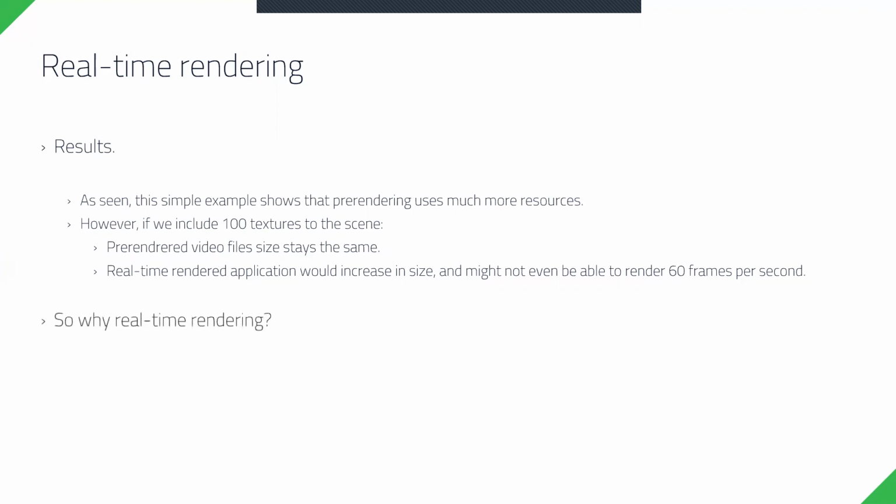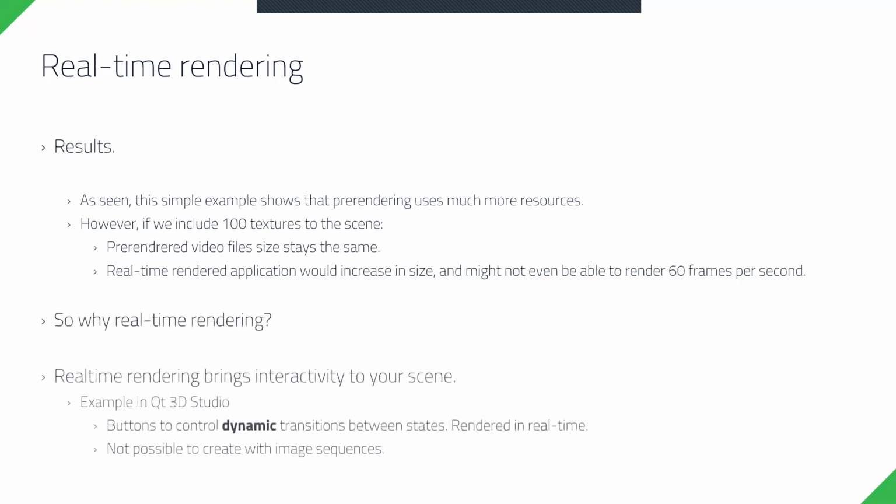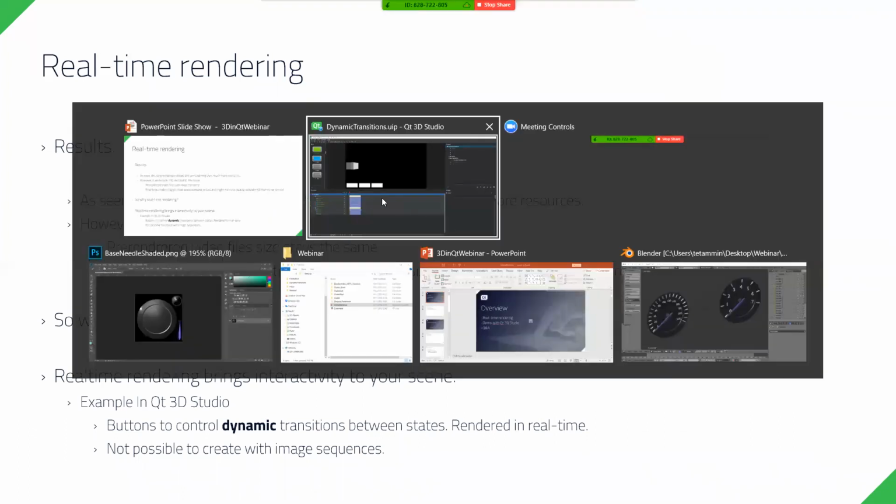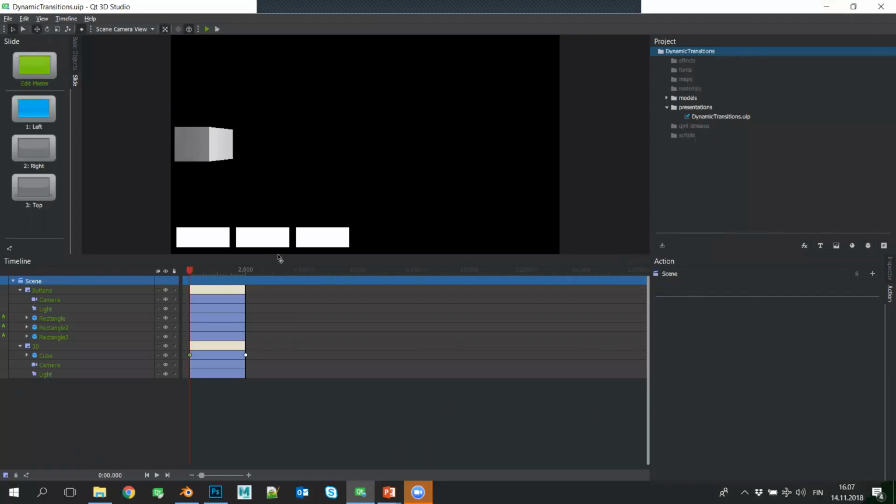So then, why use real-time rendering? The reason is that real-time rendering brings interactivity to your scene. So let's get back to Qt 3D Studio.